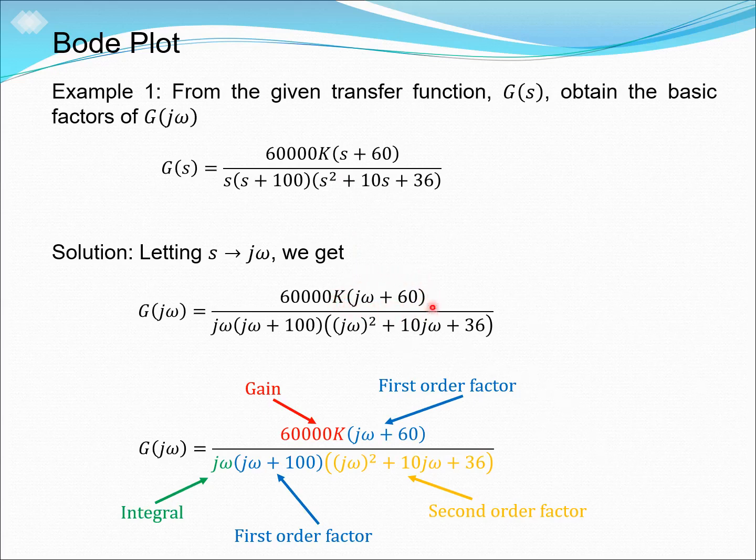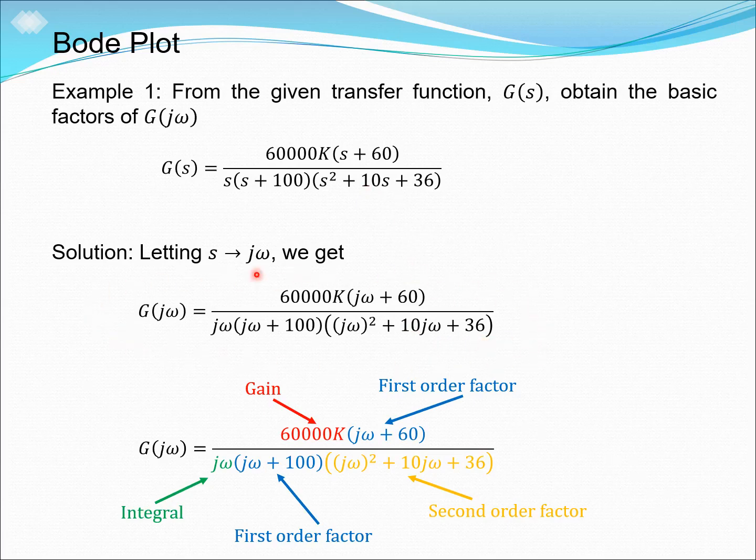So this is the first order zero, and change s to j omega over here. s plus 100 becoming j omega plus 100, and s squared becoming (j omega) squared plus 10 j omega plus 36.